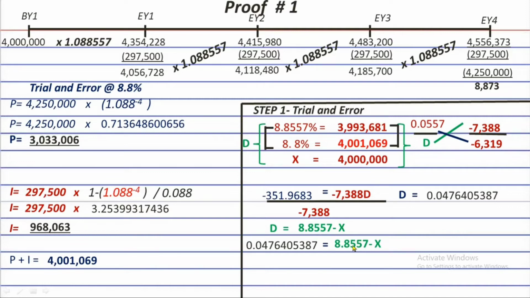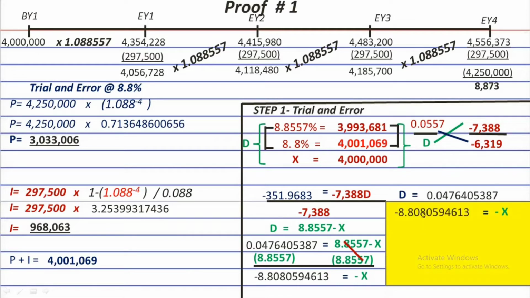Now, to get the x, we need to deduct from both sides of the equation the 8.8557. And of course, this will be cancelled out and negative x will be left. While this one right here will become negative 8.8080594613. Okay?